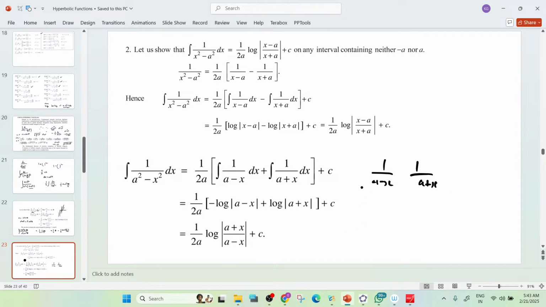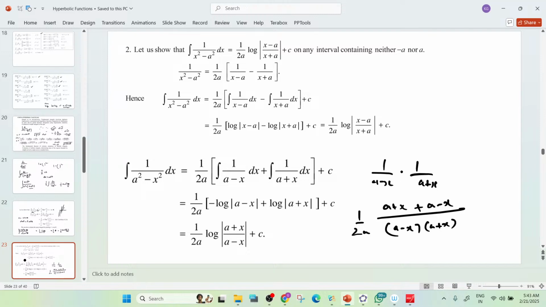What we can do is a plus x plus a minus x, how much? 2a. So we can write it as 1 by 2a into a minus x into a plus x.